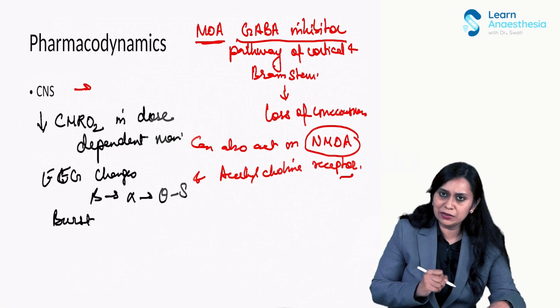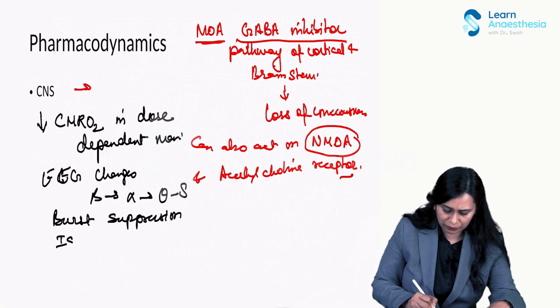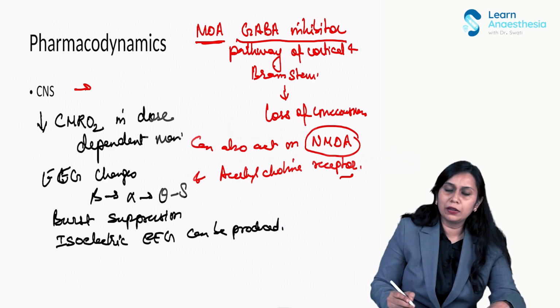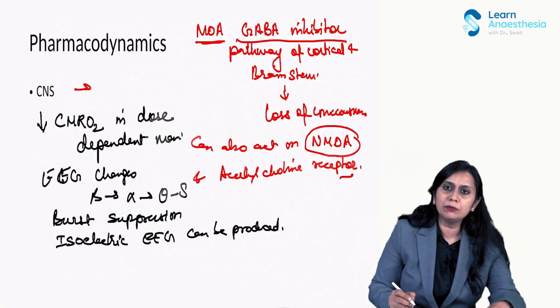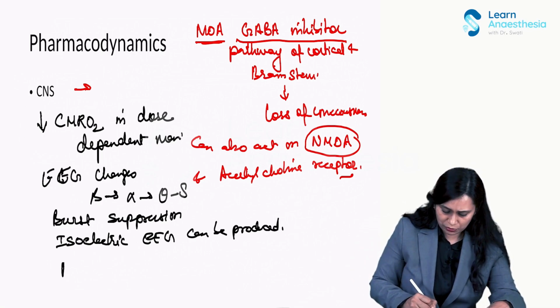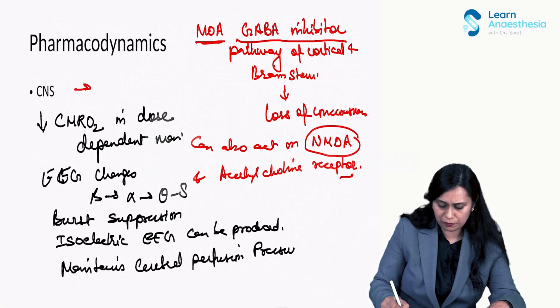Burst suppression means they can make a silent EEG. Isoelectric EEG can be produced. It also maintains cerebral perfusion pressure. Compared to propofol, it produces less decrease in blood pressure, so it maintains cerebral perfusion pressure.